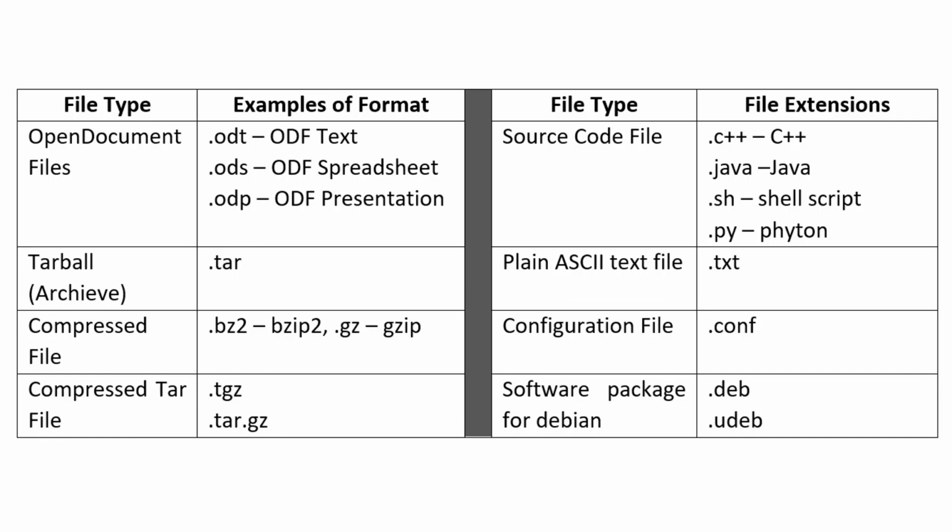For configuration files, we use .conf, so if you find any file that has .conf, it means it's a configuration file. For software packages for Debian, if you find any .deb or .udeb, it can be used on a Debian system. For software packages, we will learn more in the software package management topic.